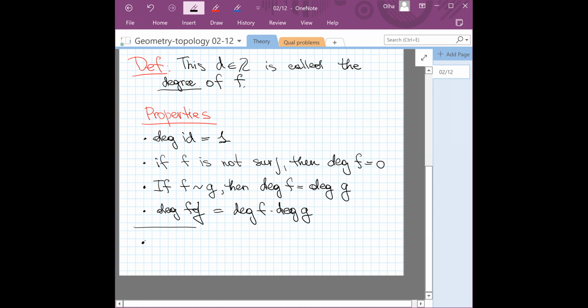And then maybe more specific examples. We have already had the example of the identity map. Then if we consider the antipodal map, so basically we just map x to negative x, then the degree of that is going to be (-1)^(n+1). And then if F is a reflection, that would mean that we just, I guess, change the sign of one of the coordinates, then the degree of F is -1.